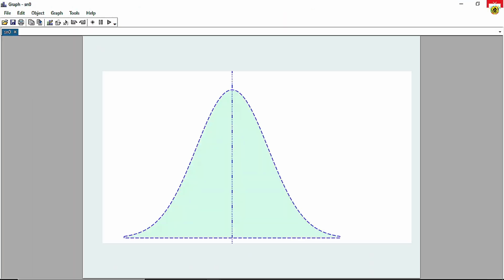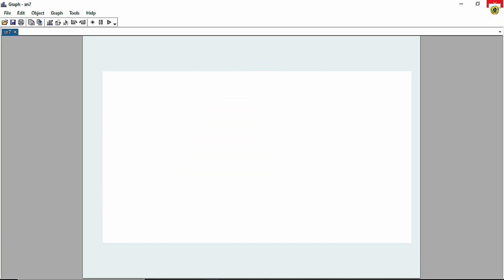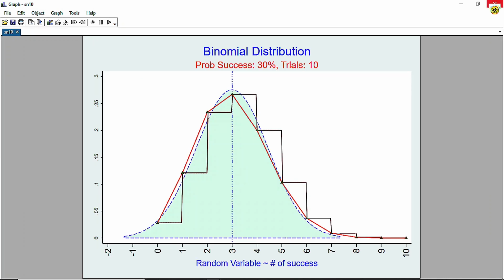Let us see: 0, 1, 2, 3, 4, 5, 6, 7, 8, 9, and 10. So this is how we get the PMF, the probability mass function graph, of the binomial distribution.